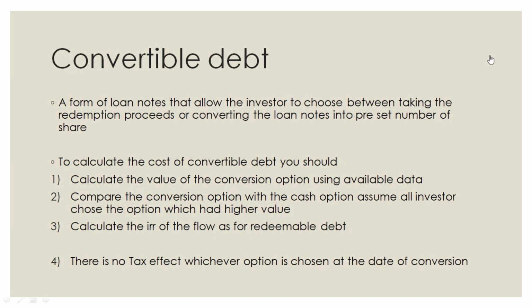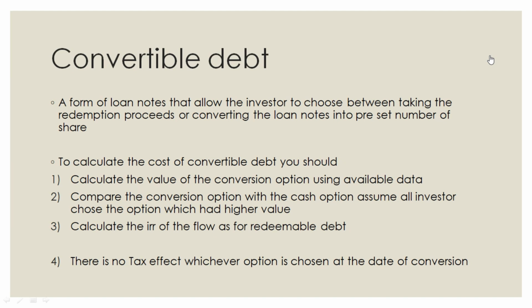First one, calculate the value of the conversion option by using the available data. Second one, compare the conversion option with the cash option and assume that all the investors will choose the option which has higher value. And third one, calculate the IRR of the flow as a redeemable.